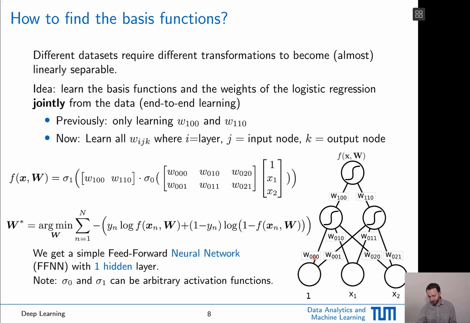This is why you have here 0 and here 0. This is the first input. This is why you have here 1 and here 1, right? And then the last index corresponds to which output this is going to. So here's a 0 because it goes to the 0's output. Here's a 0 because it goes to the 0's output. Here it's a 1 because it goes to the first output, right? We start counting at 0.